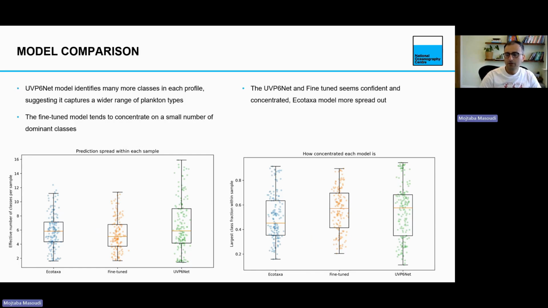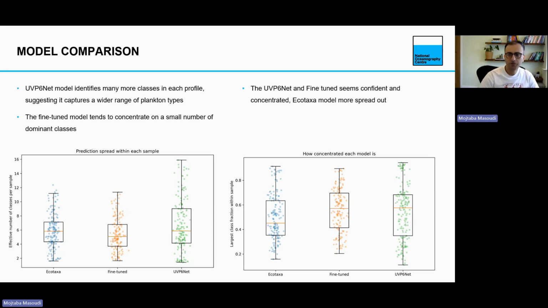And if you wanted to compare against the AI models, they have more or less similar opinions, but you can see how, for example, the UVPNet model identifies more classes for each profiling compared to the others.